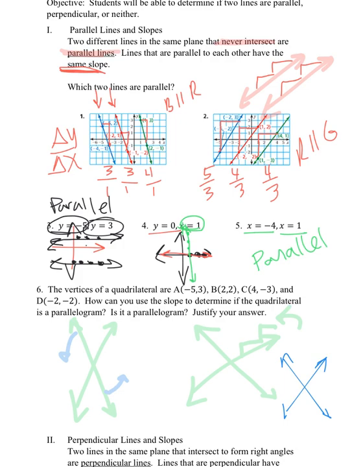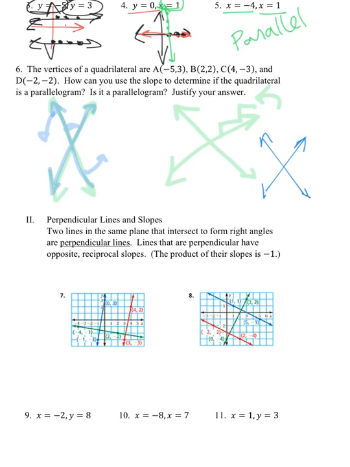Because if you had a steep slope of 5, like in this problem here, a -5 is not going to give you perpendicular. That is not a right angle right here. What you need is not only the opposite, but the opposite reciprocal. Remember, the product of their slopes is always going to be -1.